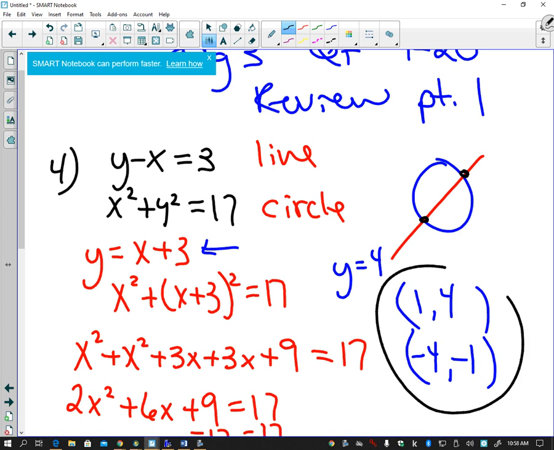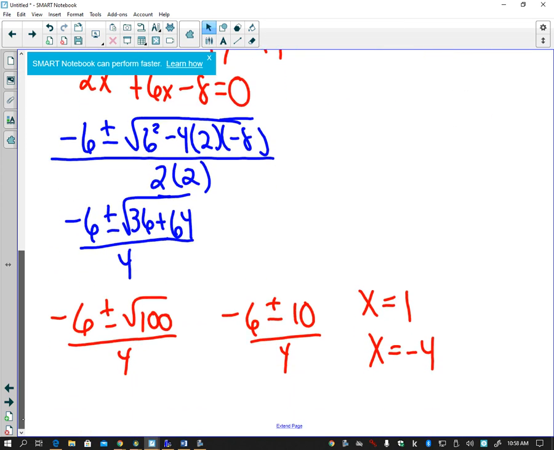I have a question. What's your question? I got lost at x equals negative 4. So let's come back down here. Notice how this negative 6 has a plus or minus 10. Did you understand how we got negative 4?